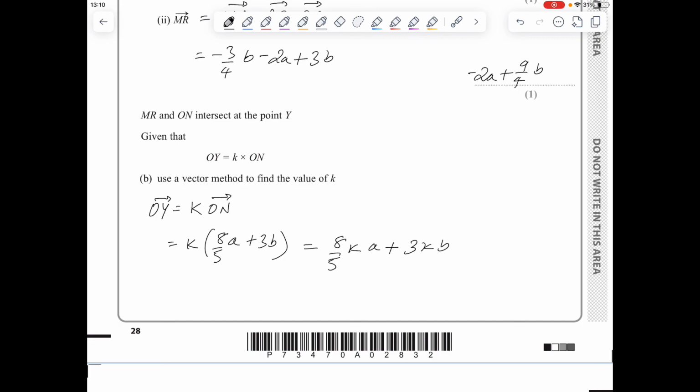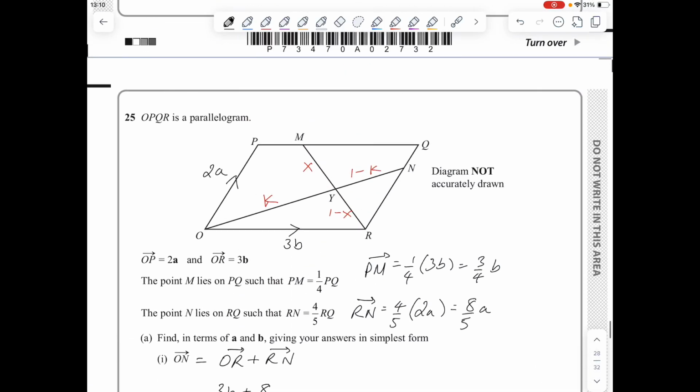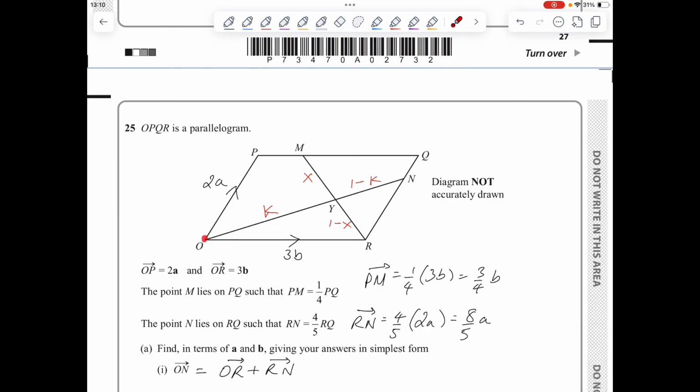Now, I will find an alternative way to go from O to Y, and I will choose the following: OP, PM plus MY. You can use any method. You can choose the route OR, RY, but I'll just do this one.